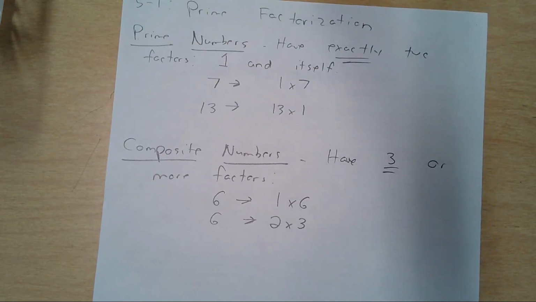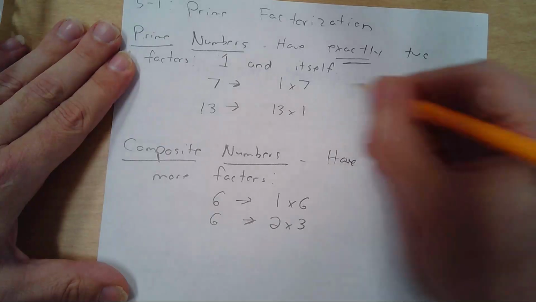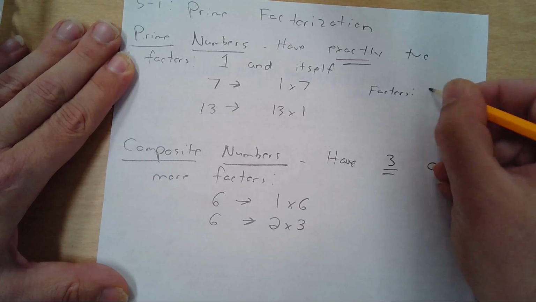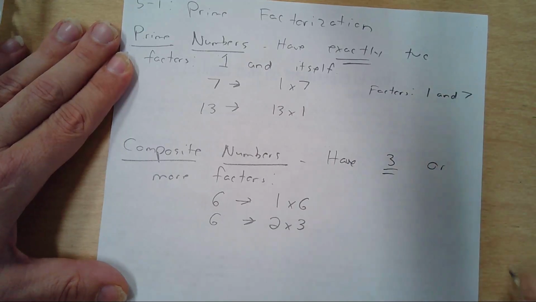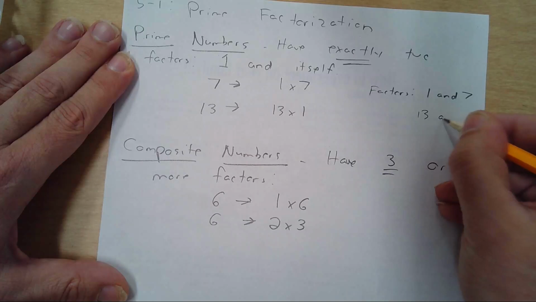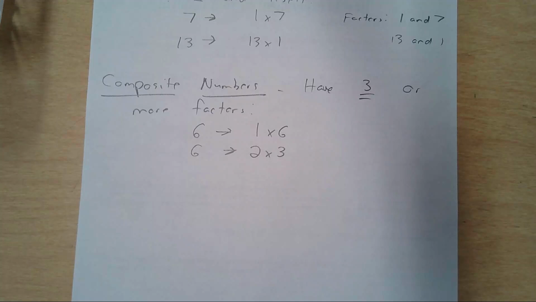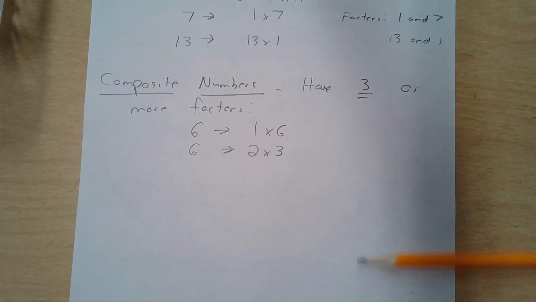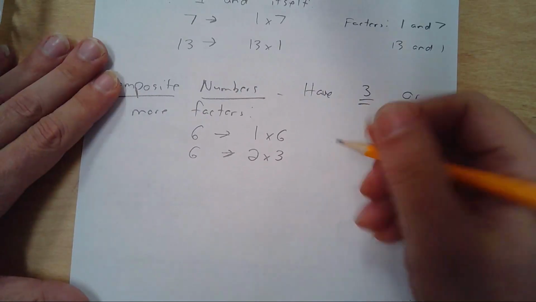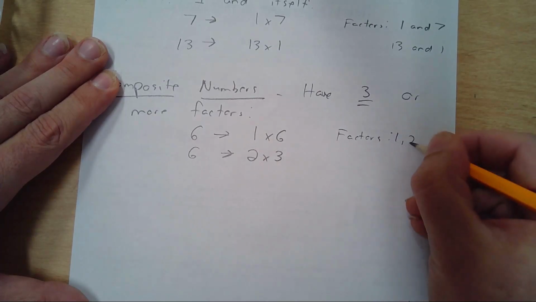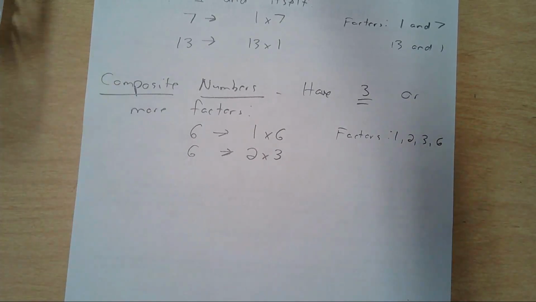So the factors of a prime number, if I say what are the factors of 7? The factors are 1 and 7. The factors of 13 would be 1 and 13, and again, the order you write them doesn't really matter. But if I say what are the factors of 6? Well, 1 times 6 is 6, 2 times 3 is 6. So the factors of 6 are 1, 2, 3, and 6. All 4 of those would be factors of 6.